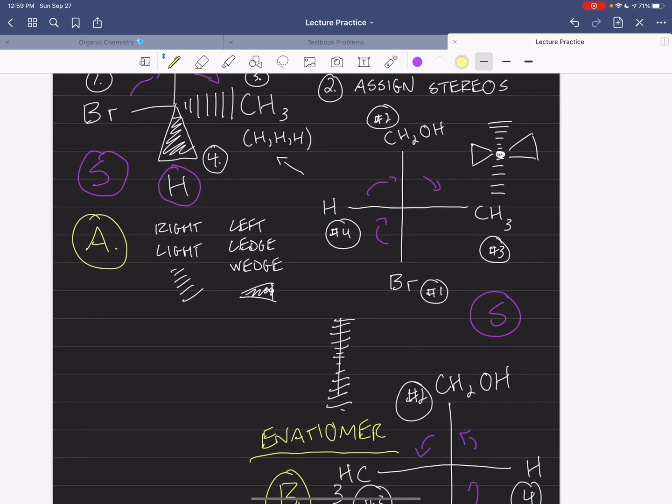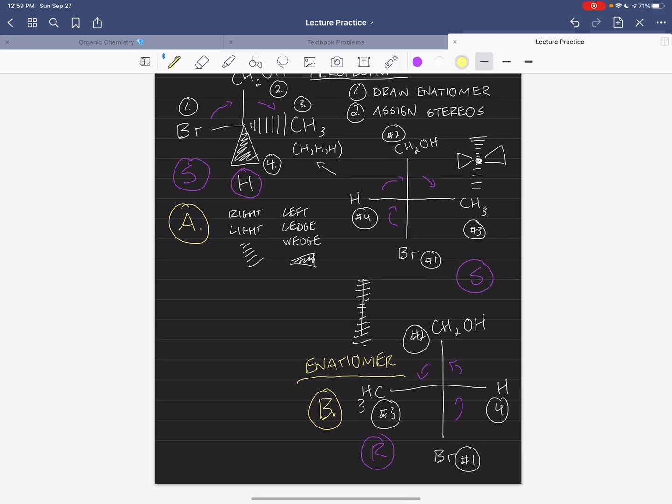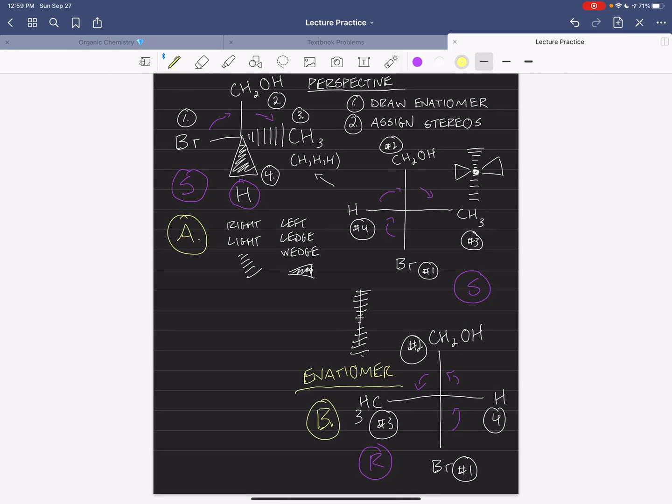Anyway, you're going to learn how to do the perspective formula into the Fisher projection and then pick the right enantiomer. So this is the right enantiomer. And then you can actually confirm, well, this is number 1, number 2, number 3, number 4.